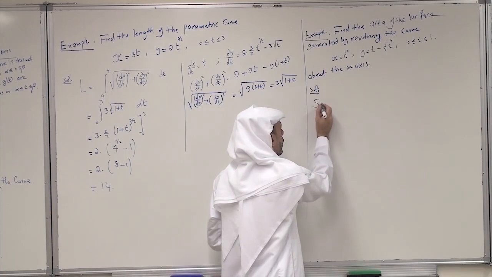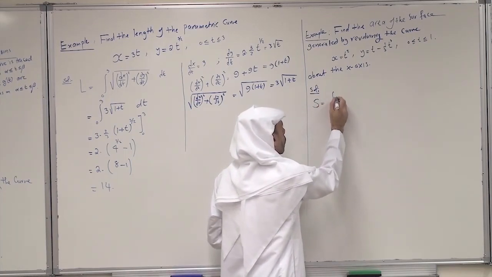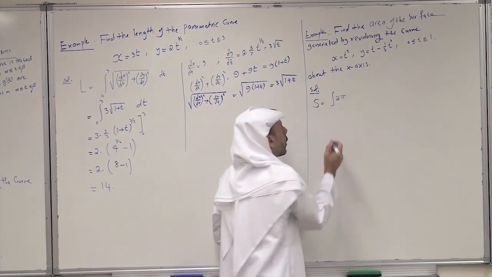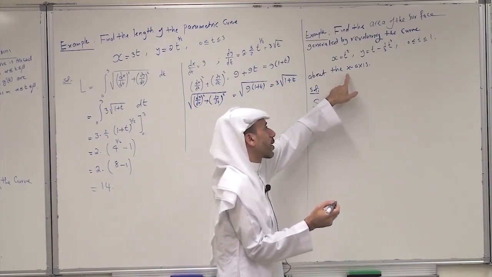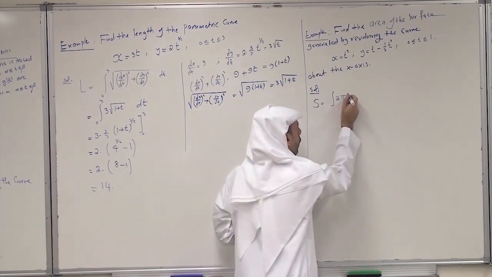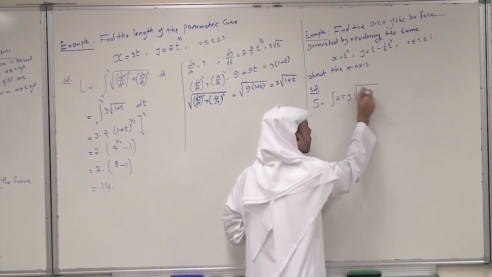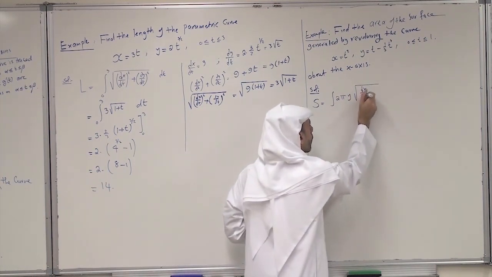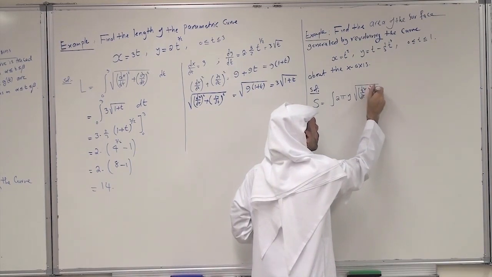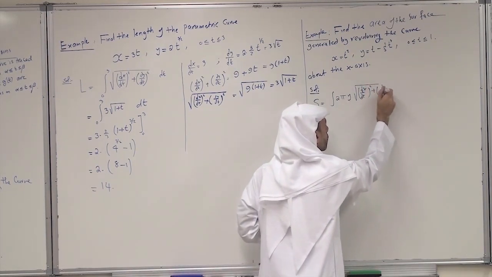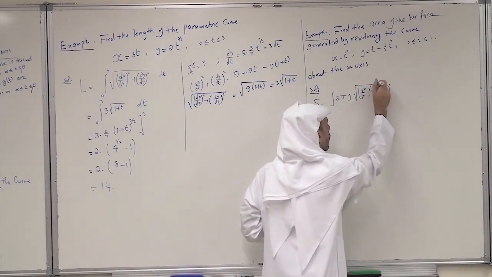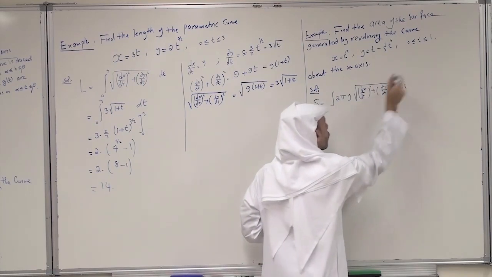So this is the formula: S equals the integral of 2 pi. Now we are rotating about the x-axis, we have to multiply by y, and then the root of (dx/dt) squared plus (dy/dt) squared dt from 0 to 1.